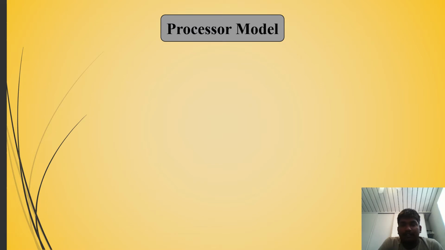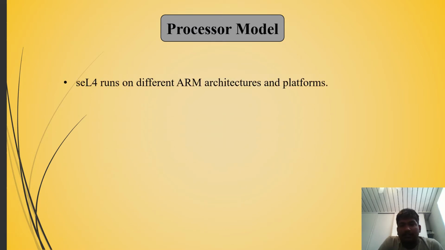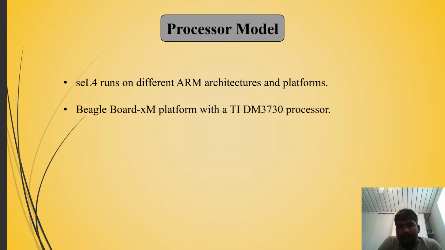Now we will see the processor model that SCL4 runs on. SCL4 runs on different ARM architectures and platforms. ARM is very fast and more efficient because of its reduced instruction set computing. BeagleBoard XM platform with TI DM3730 processor.